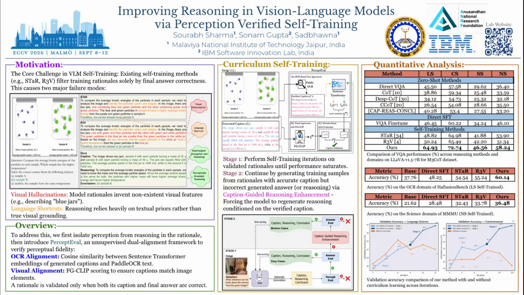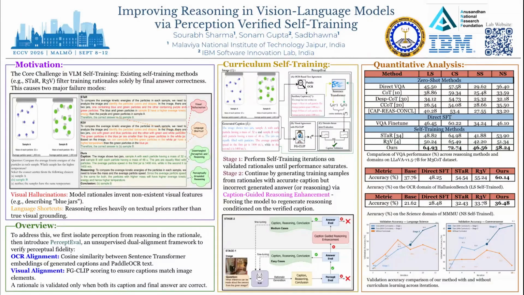We use a sentence transformer to generate embeddings of both the Paddle OCR text and our generated caption, and then we use cosine similarity to check whether these two embeddings are similar or not. If they are similar, we say the caption is in alignment with the OCR present in the image.